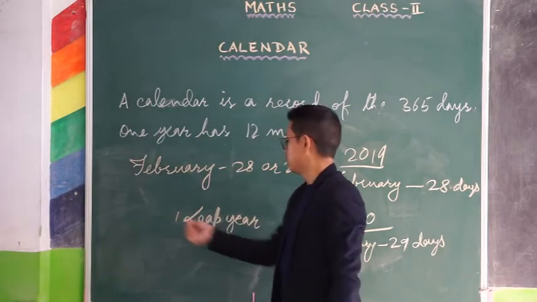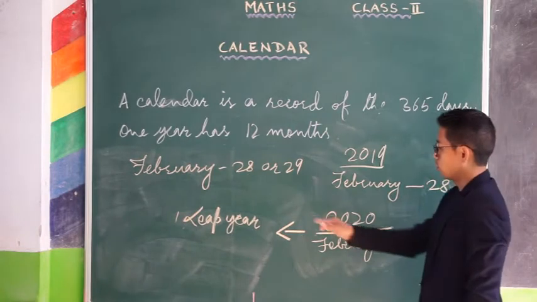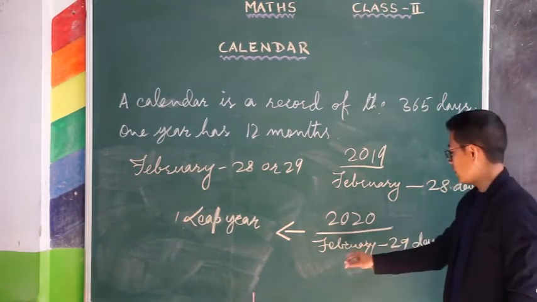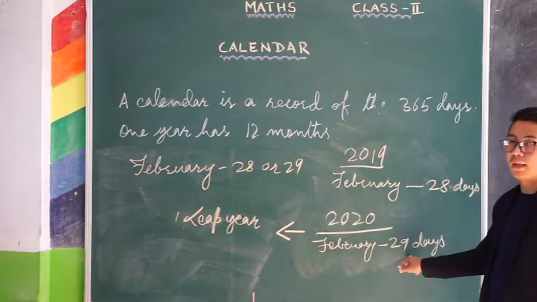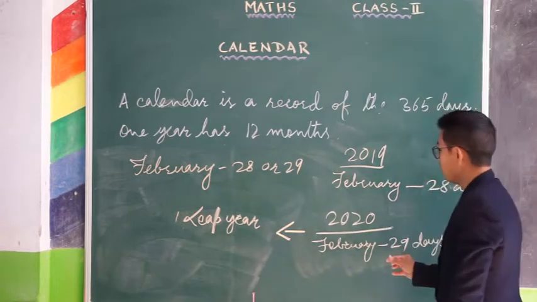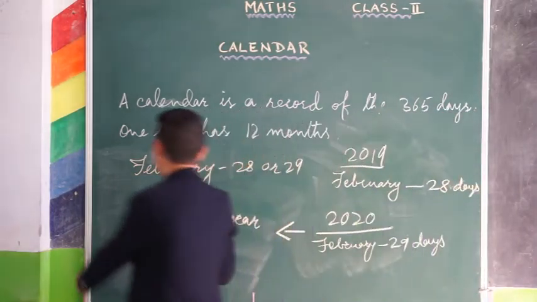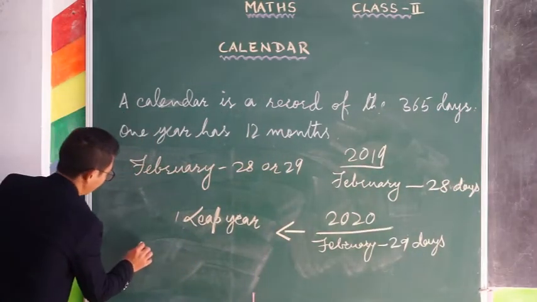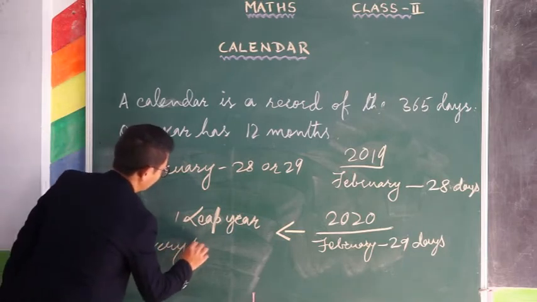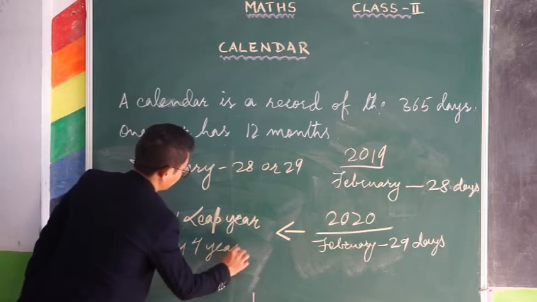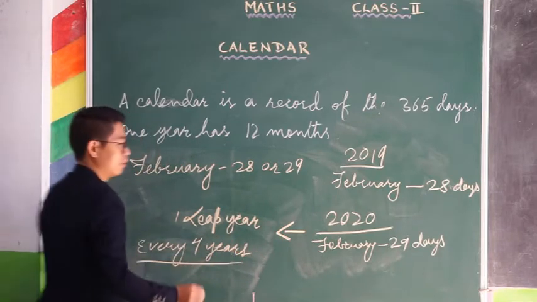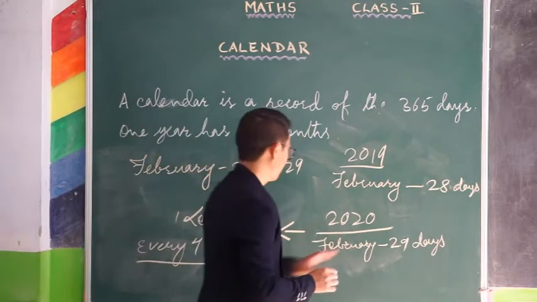So one leap year like this. So if the February month has 29 days, we call it leap year. Okay? Now a leap year comes in every 4 years. So leap year comes in every 4 years.